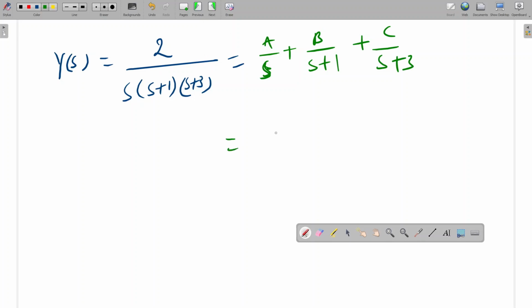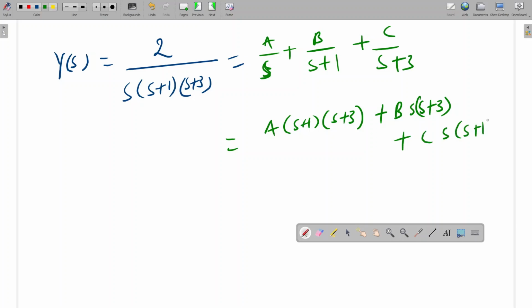So here it will be A into s plus 1 into s plus 3, plus B into s into s plus 3, plus C into s into s plus 1, divided by s into s plus 1 into s plus 3.